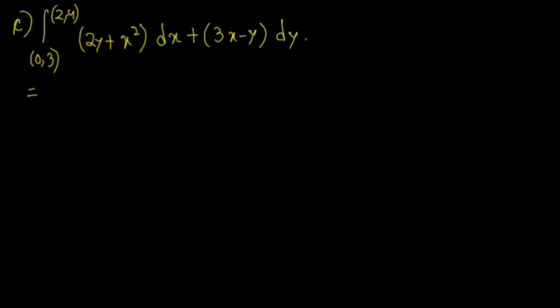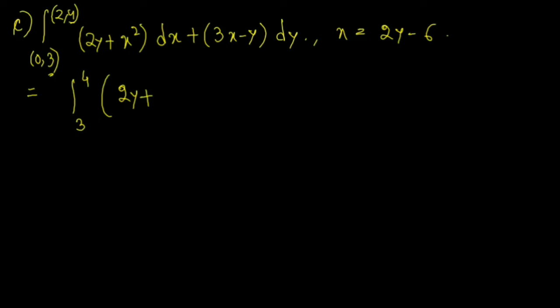Now see, the limit of y is 3 to 4. So integration 3 to 4 of (2y plus x square). So x is how much? 2y minus 6.